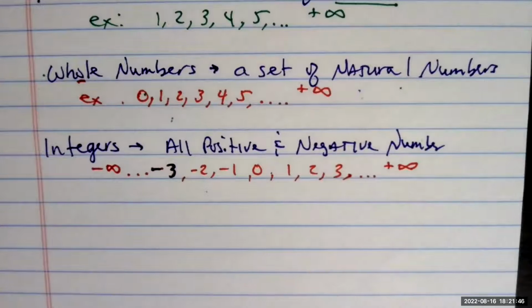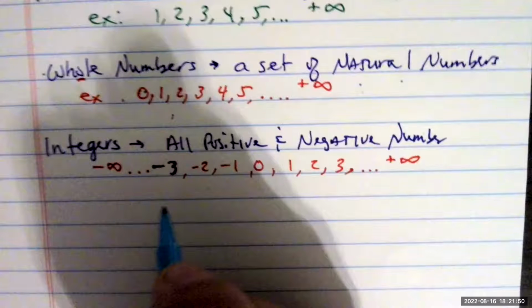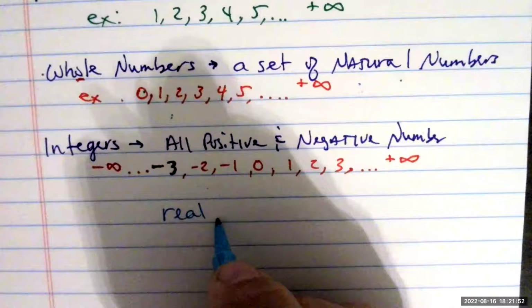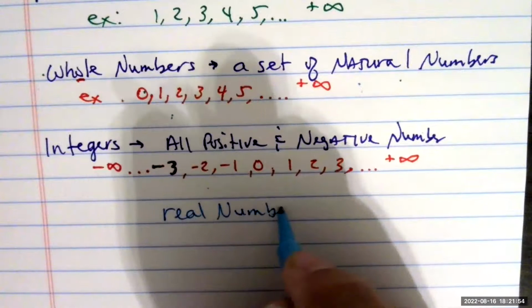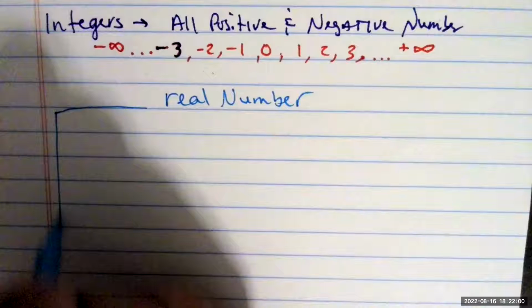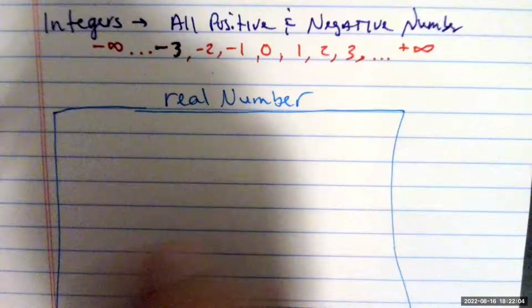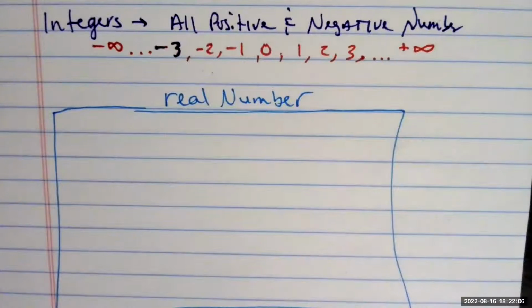All right, so let's look at the overall picture. And so here's how it really works. We have a system called real numbers. So you have real numbers, and we're going to put this big box here as the real numbers. And there are two types of real numbers.